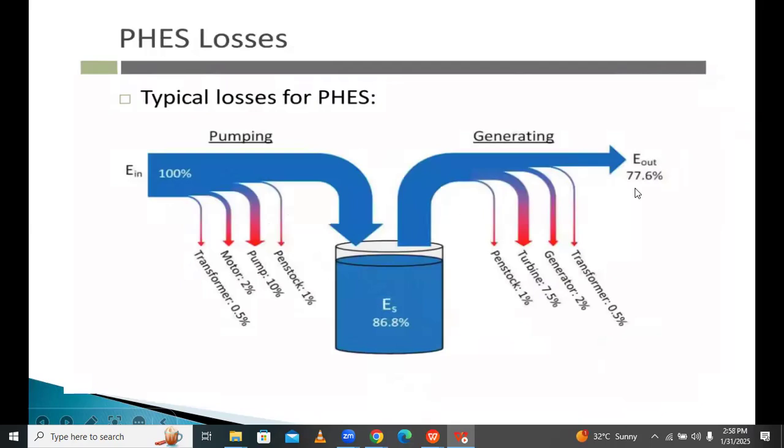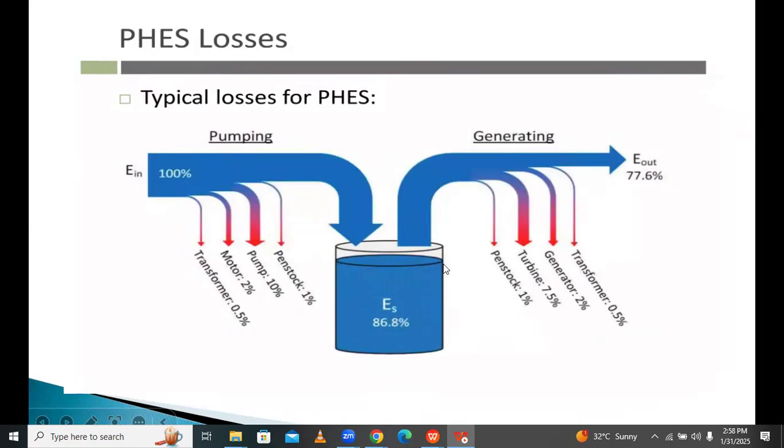Next, what are the losses in pumped hydro storage systems? Energy conversion takes place while pumping the water. Pumping means the machine acts as a motor and pumps the water from the low reservoir to the upper reservoir. That is called charging.